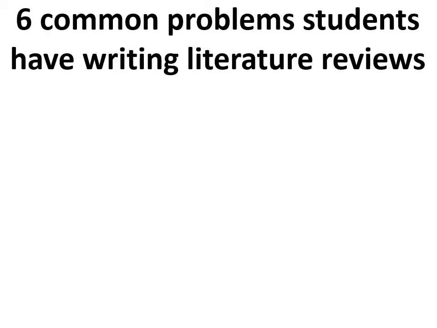I have taught an assignment like this for some number of years now, and in this time I've noticed a common set of problems that emerge as students write literature reviews. There are 6 problems that keep recurring every year because I always have a new batch of students, right?